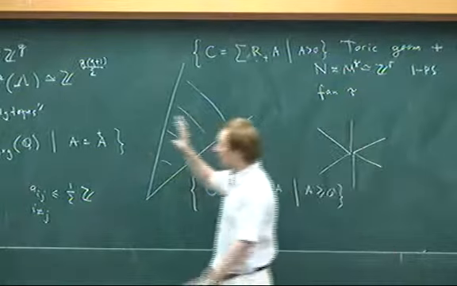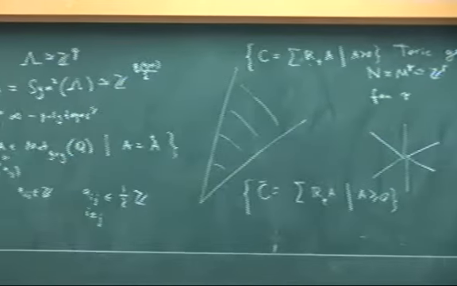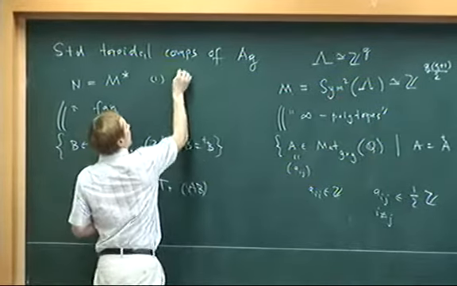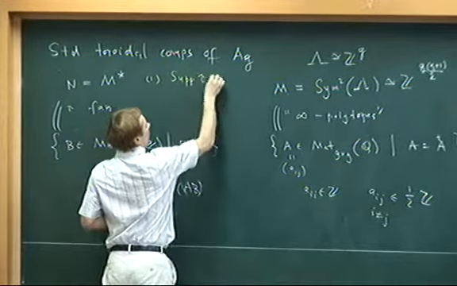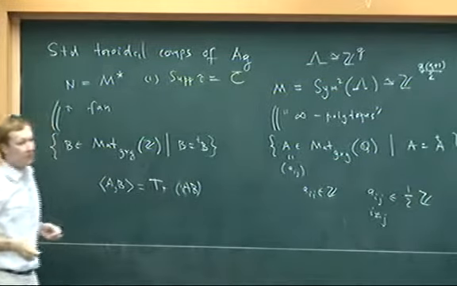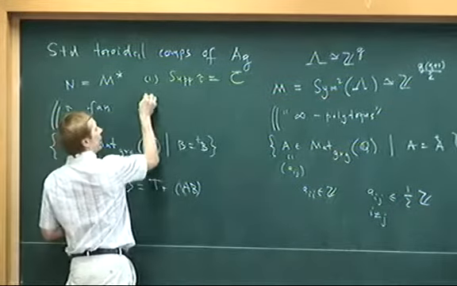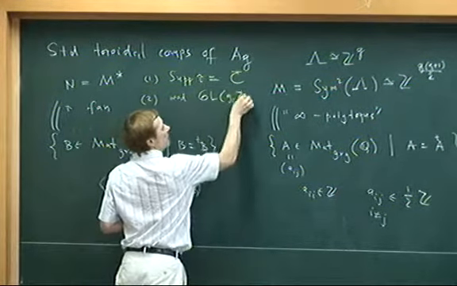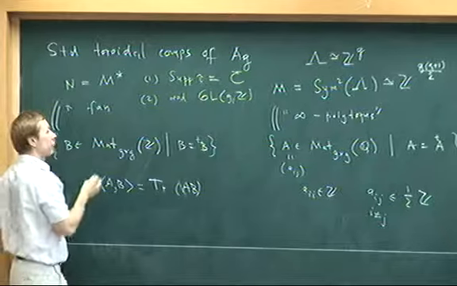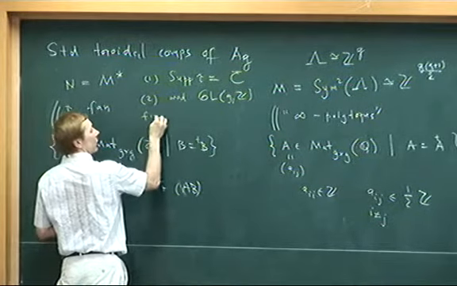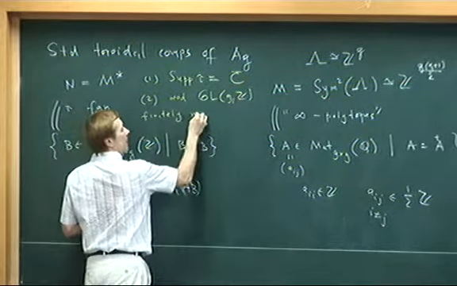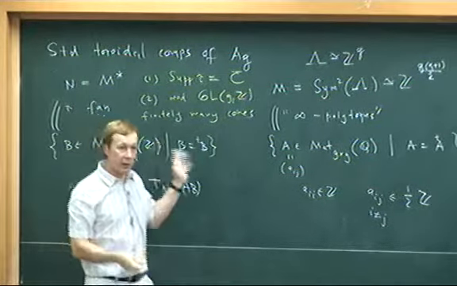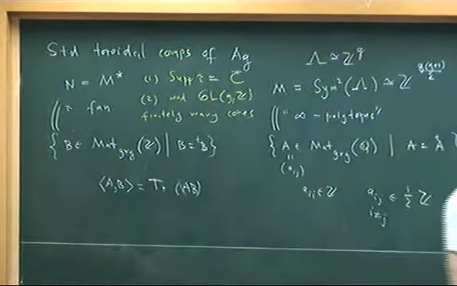Now, the fan here has to satisfy two conditions. First, the support of this fan has to be C bar. And secondly, modulo the natural action of GL_g(Z), there have to be only finitely many cones. So these are the conditions on the fan.